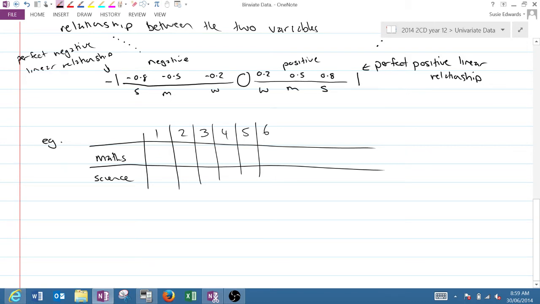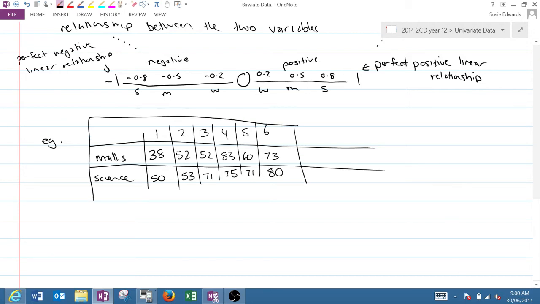And we say they both did a test, and we go, okay, this person got 38% for maths and got 50 for science, 52, 53, 52, 71, 83, 75, 60, 71, and 73, 80. So this is a set of scores.